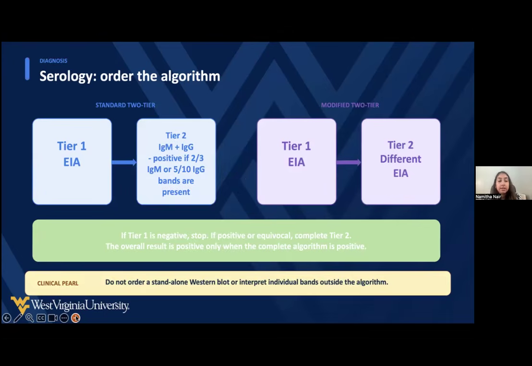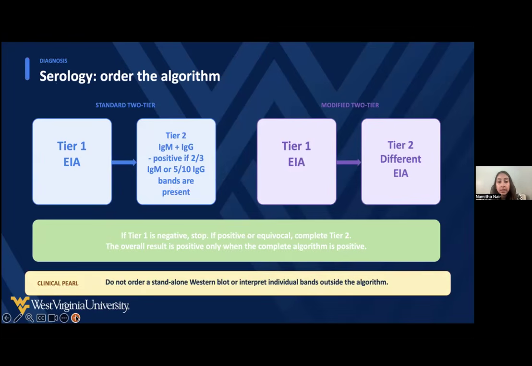So how do you usually diagnose the patient? We follow the standard 2-tier testing. The first is the ELISA test that's commonly done, and that's the screen. Then you go into tier 2, which is the Western blot, wherein you're looking for reaction to specific IgM and IgG bands.